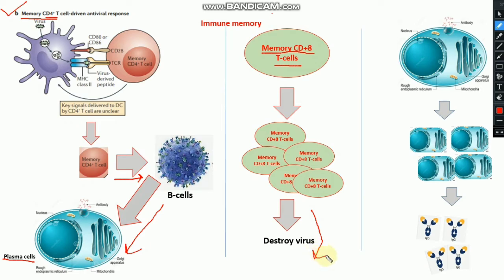So this is how it works. These memory T cells actually remember their past events, and they can recognize the pathogens. All right, and also the memory B cells. This is the memory B cells.